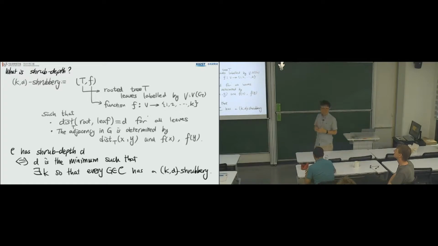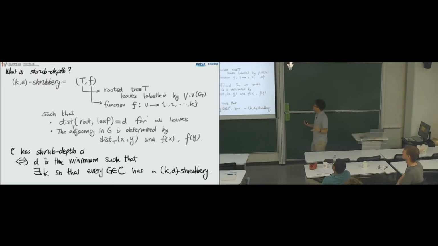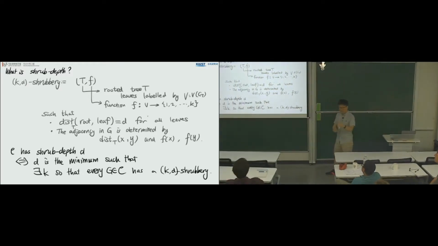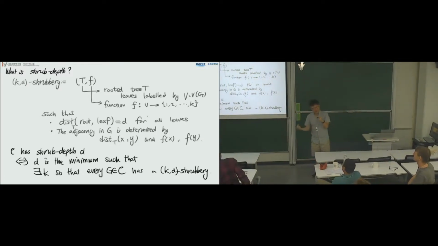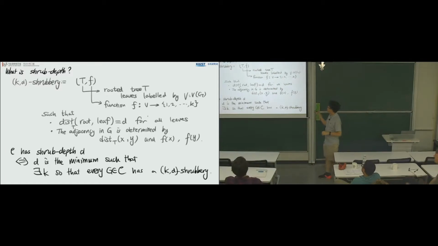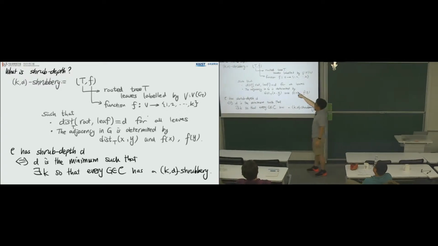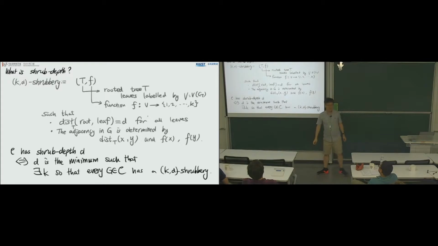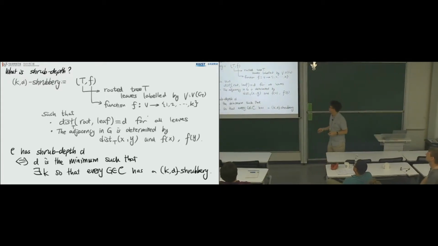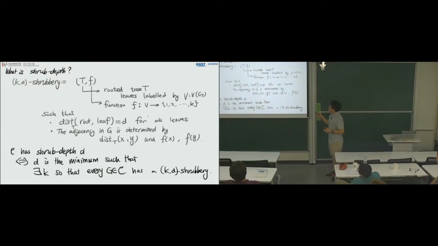A KD shrubbery is a pair of a rooted tree with a labeling of the leaves and a coloring of the leaves by K colors, such that every leaf is at distance exactly D from the root. The leaves are labeled by the vertices of your graph.